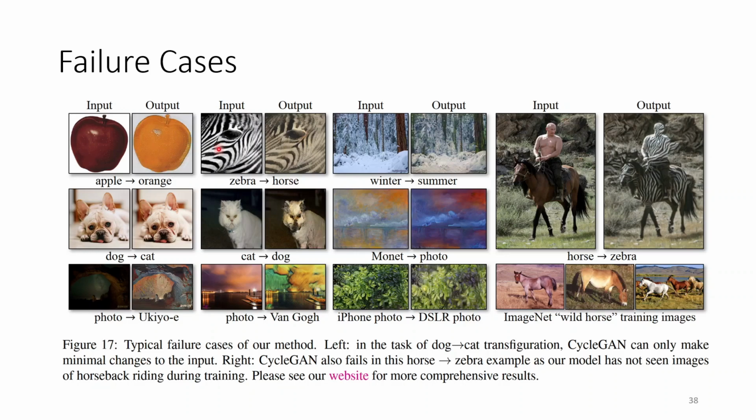Okay. And this zebra doesn't become a horse. It is still a zebra. And for this example, this is a person, I think. He is riding a horse, but the GAN doesn't tell that this is a human. So it also transfers the image into something very unusual.